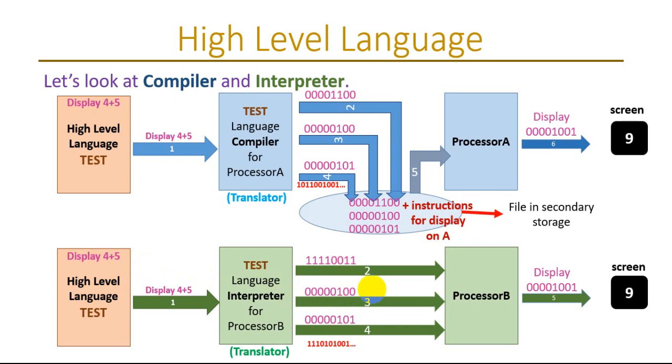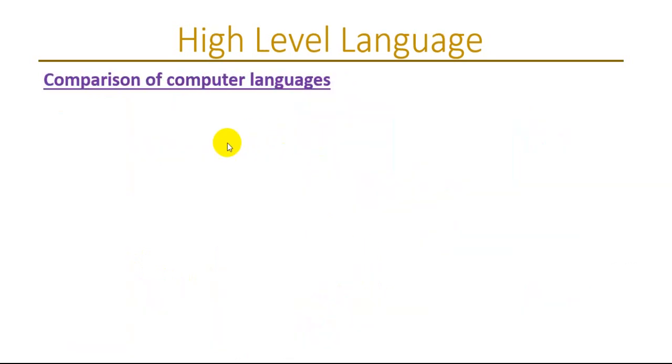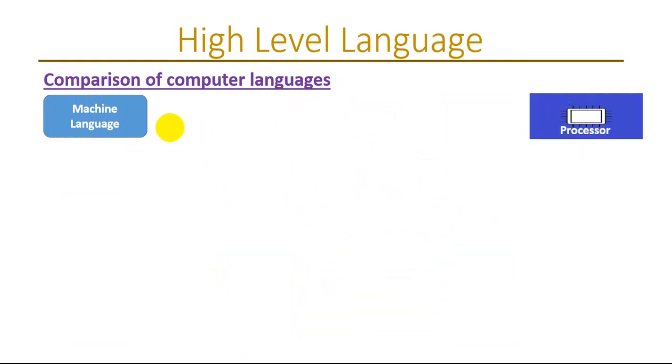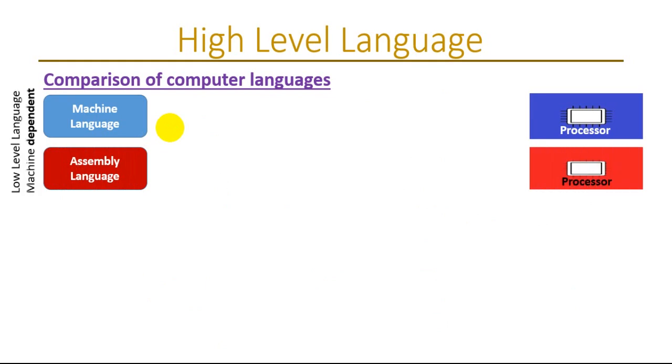Okay, so this is just to give you some idea about how the compiler and interpreter work. Both are high-level language translators. Let's now see a summary of all these types of translators. Machine language, and let's say there is a processor. Assembly language, processor.